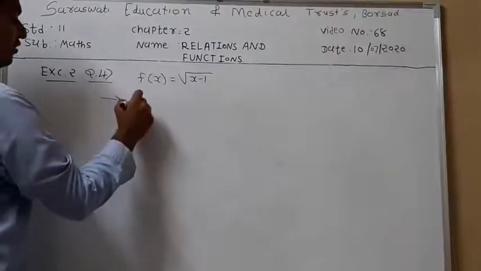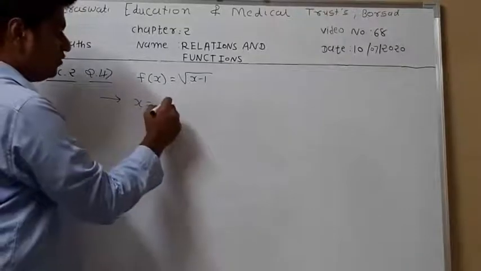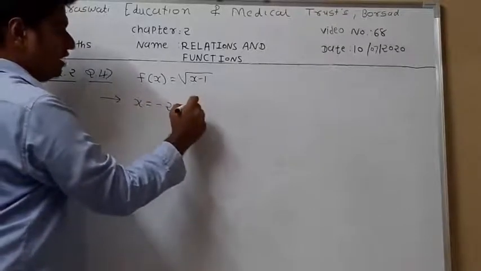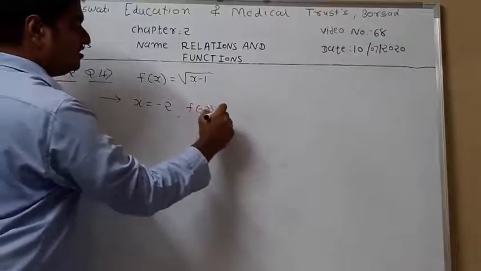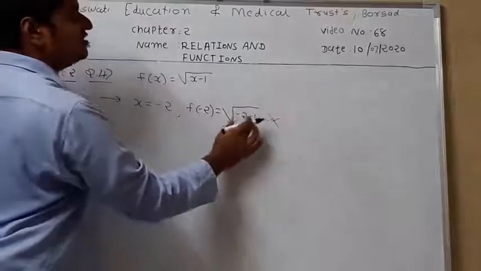Now here we can consider x equal to any negative number. So f of minus 2 is equal to under root of minus 2 minus 1, that means minus 3.